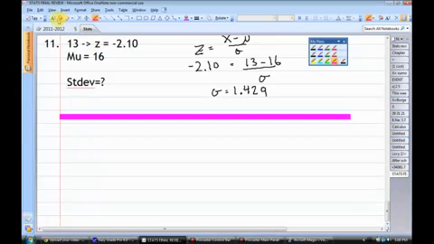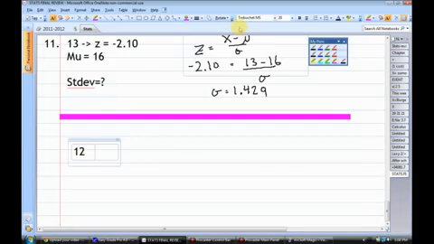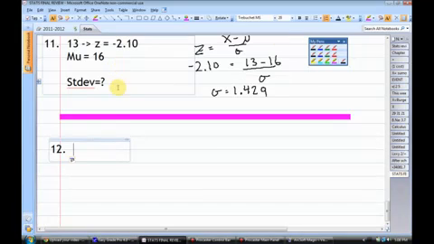Alright, last one of the supplemental is question 12. Question 12 says, the weights of professional football players are approximately normal, with a mean of 245 and a standard deviation of 20.